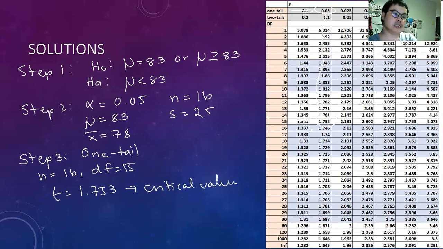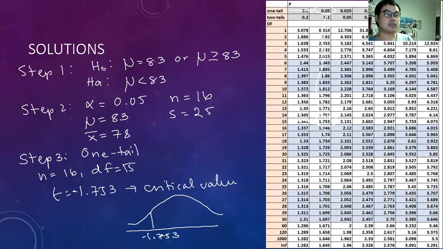However, since the alternative hypothesis has indicated that this is less than, we can tell that it must be negative. Using the normal curve, the critical value must be negative because it is less than. Now we're going to shade this.